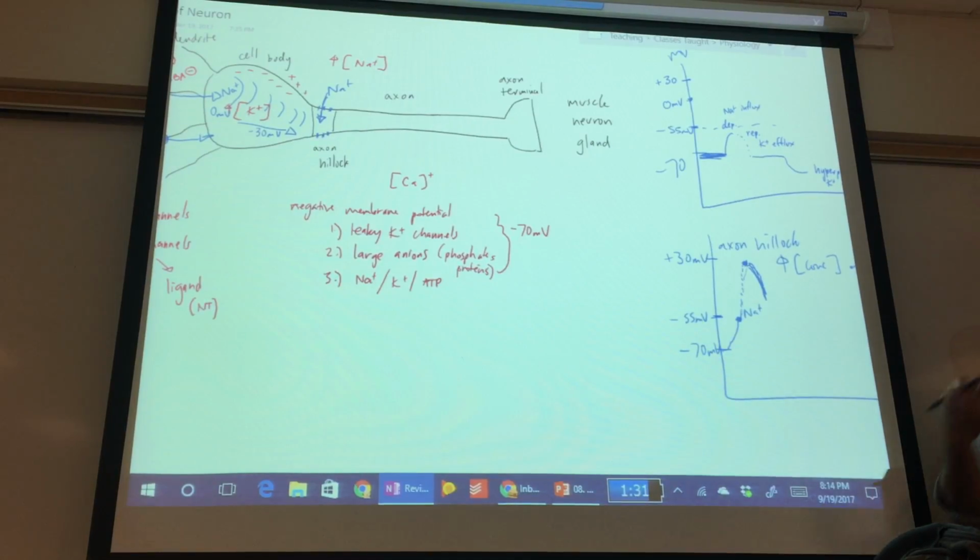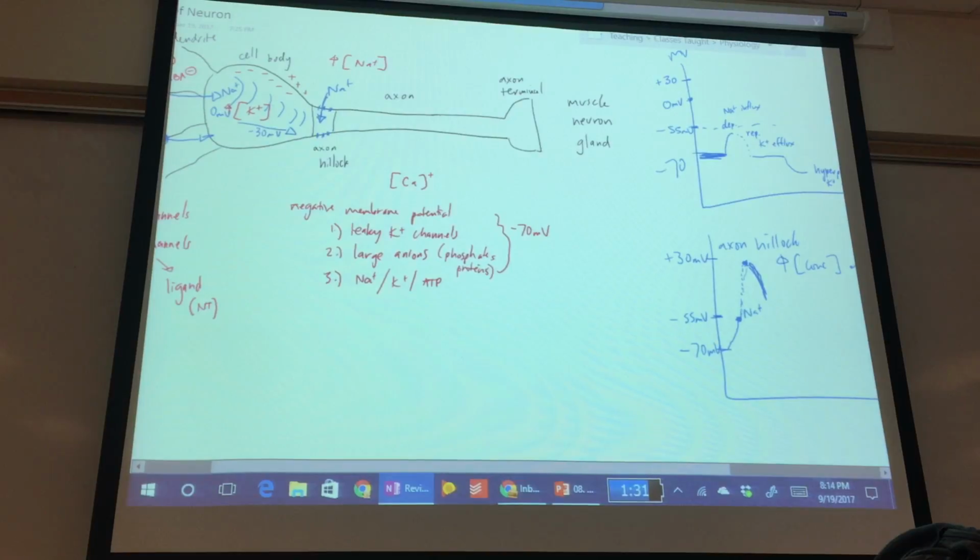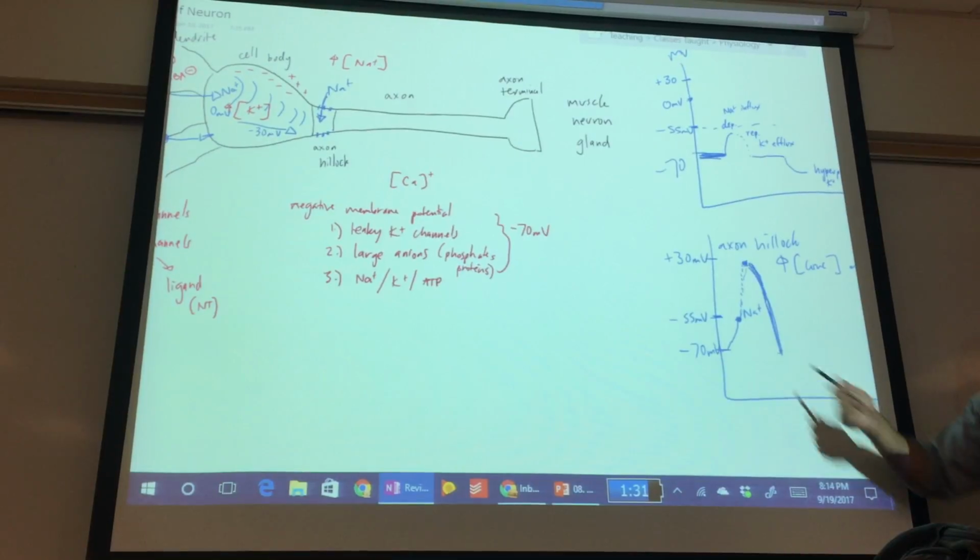If positive ions are moving out of the cell, what's that going to do? It's going to repolarize. Great. And that is what characterizes the falling phase. It's becoming more negative on the inside, hence repolarizing, bringing us back towards negative 70.